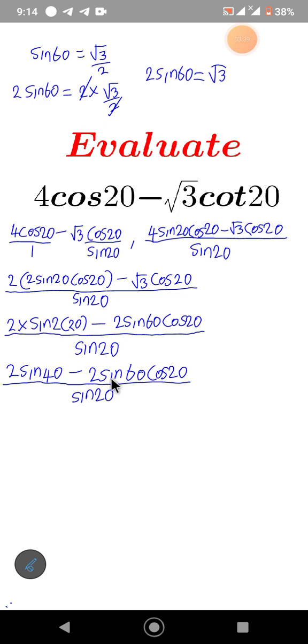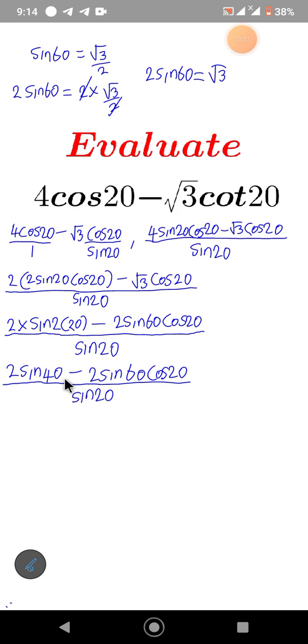Now I'm going to simplify this sine 60 cos 20. This sine 60 cos 20 now is in product form. So I'm going to use the product to sum identity for this sine 60 cos 20. So I want to change this sine 60 cos 20 to sum.